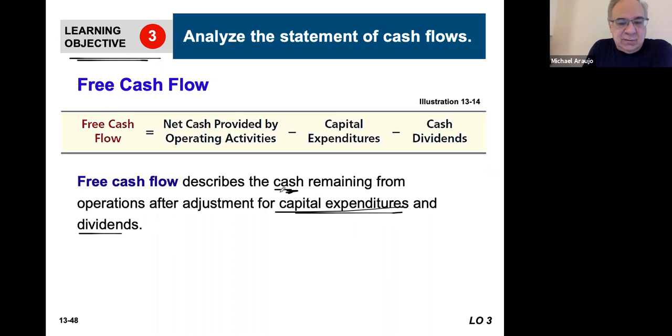What's left in cash? That's the free cash flow. You get that by taking the net cash provided by operating activities, subtract out those capital expenditures, subtract out the cash dividends. What you've got is free cash flow.